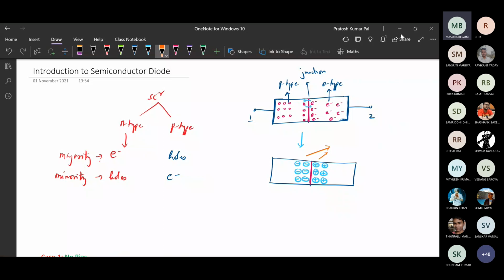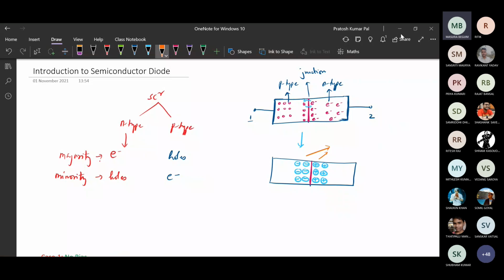Because one side is negatively charged and the other side is positively charged, there will be a potential difference between these two.